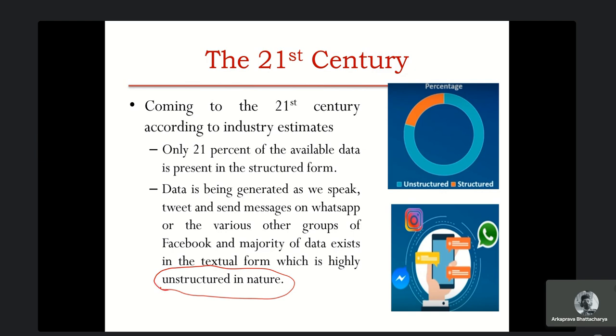If you are writing a tweet or something else on social media, nowadays you would be using short forms. There would be a lot of emojis, and you would use hashtags, at the rates, emojis, and so on.